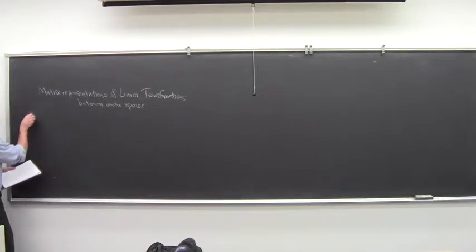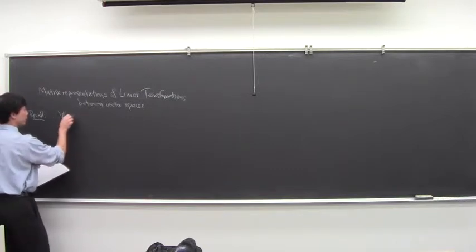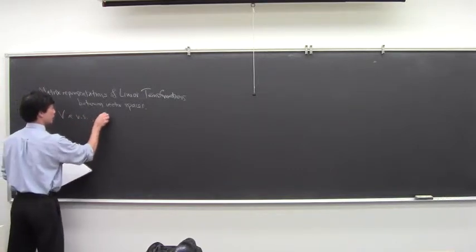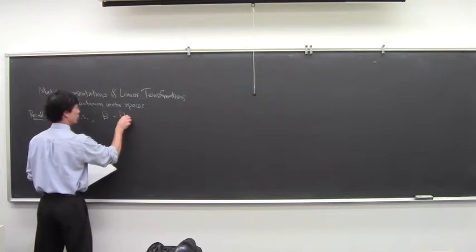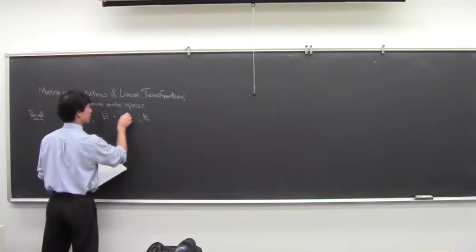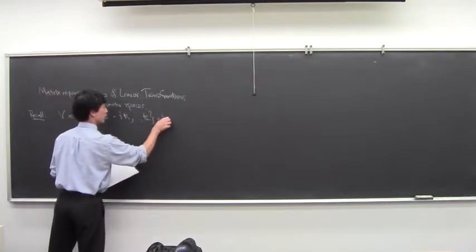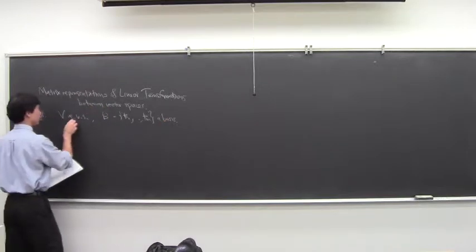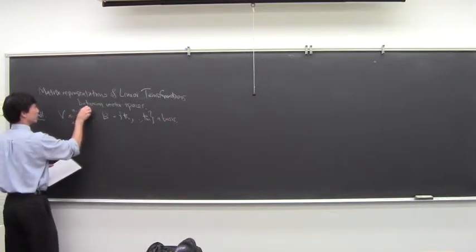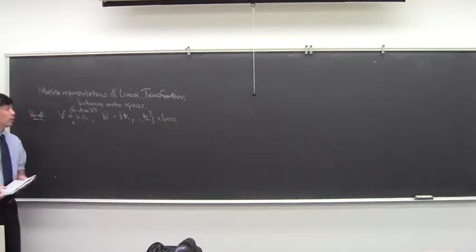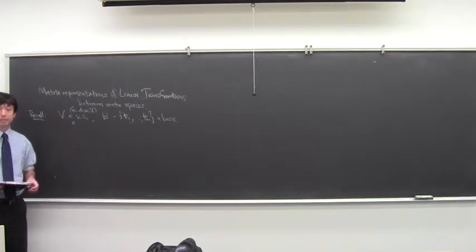So just to recall, if you have a vector space V, and B a basis, so you have some n-dimensional vector space and you have a basis.